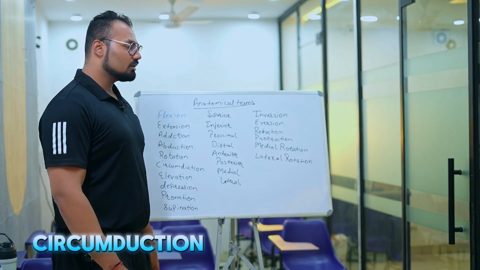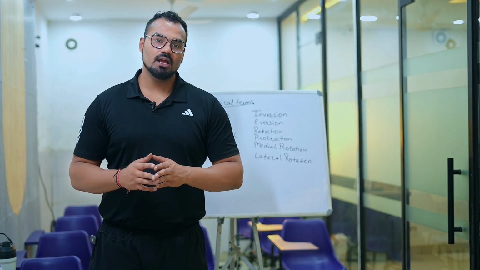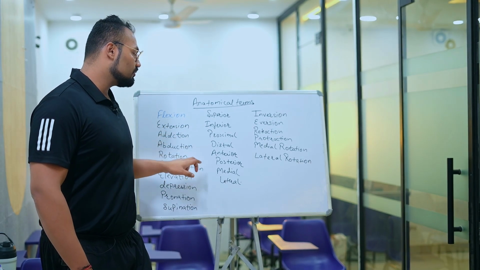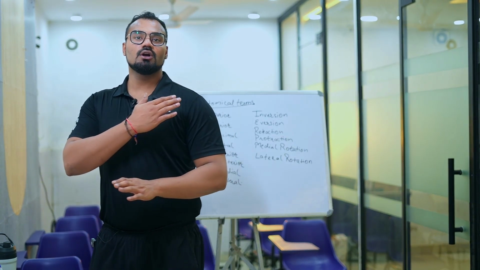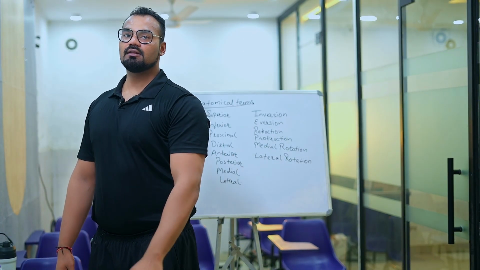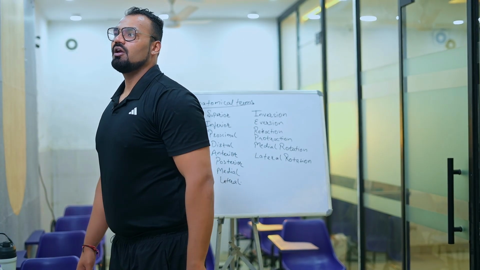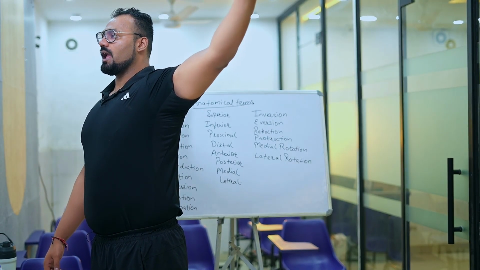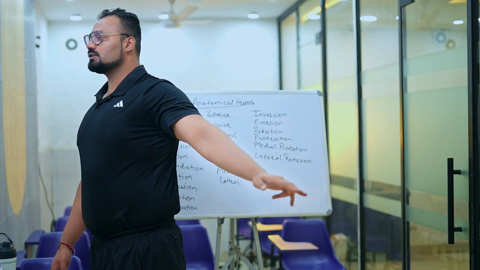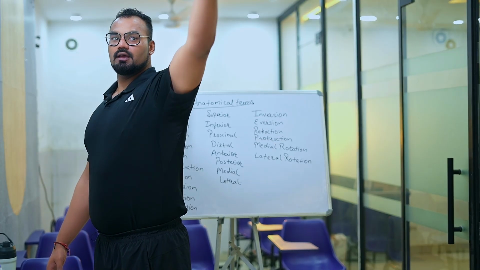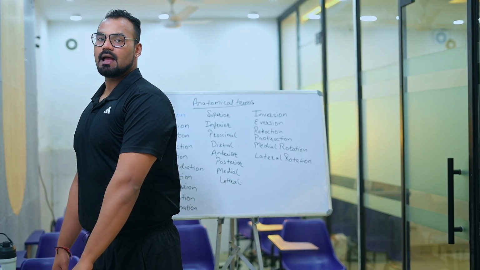Now what is circumduction? Circumduction is a combination of all these movements, where flexion, extension, adduction, abduction and rotation happen all together. So my shoulder joint will perform a circle, that is circumduction, where flexion, abduction, extension, adduction and rotation from here till here are happening.